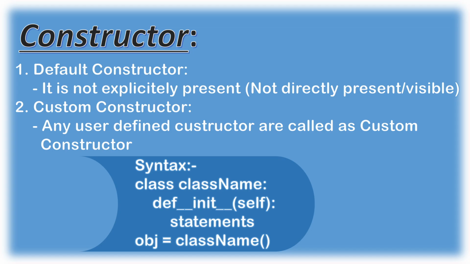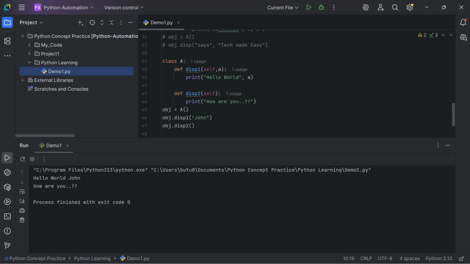Let's see some examples. In my previous video we learned about what is a class, what is the object, how we can create it, and creating a method inside the class. So what is default constructor?